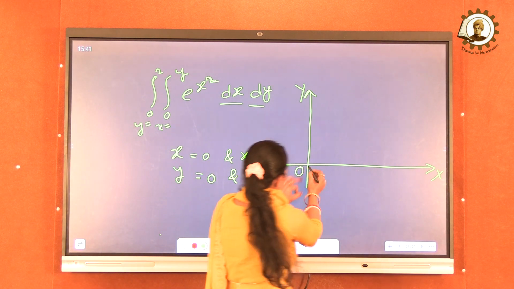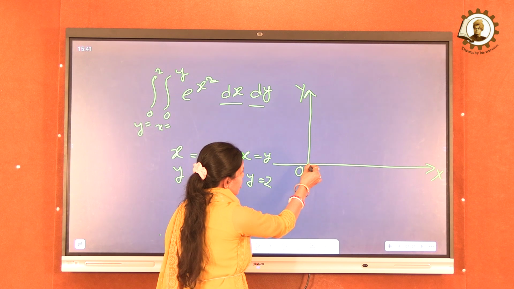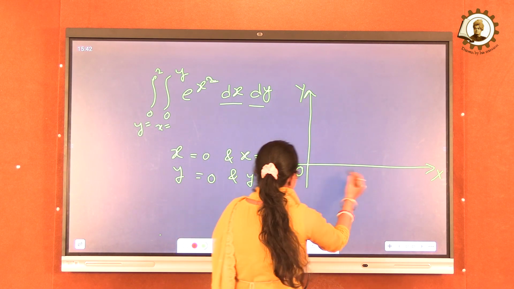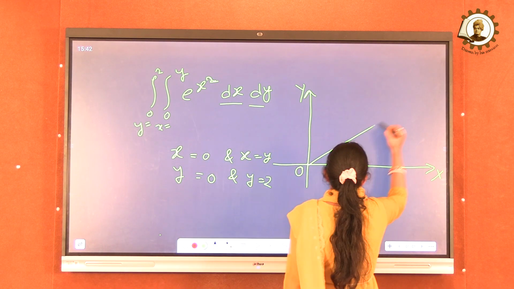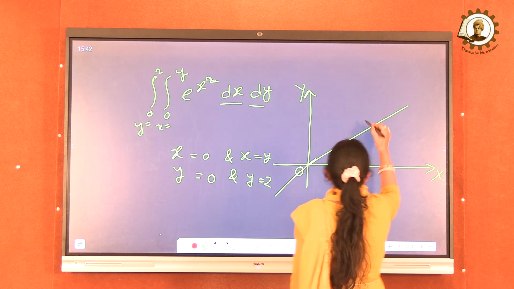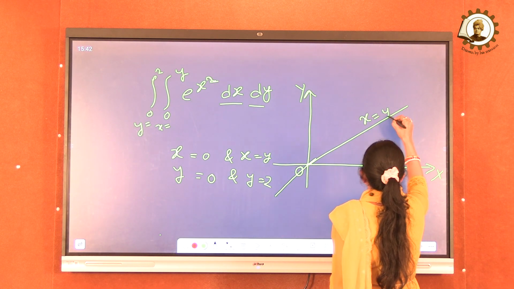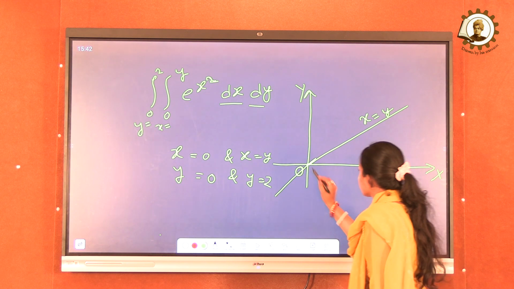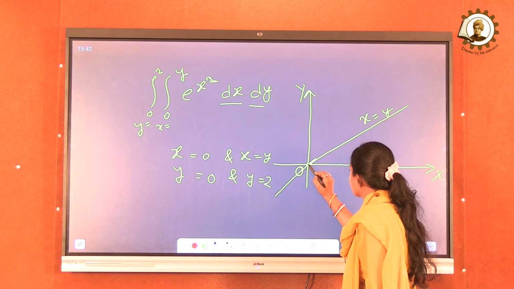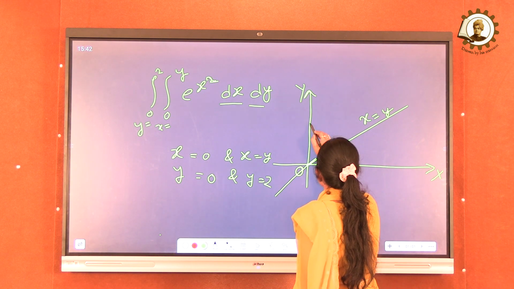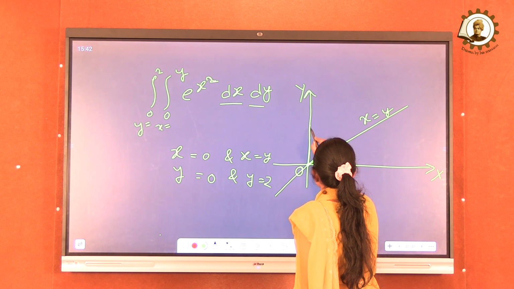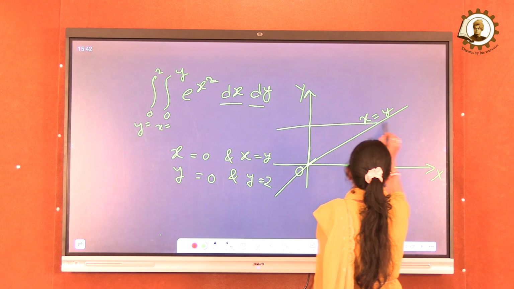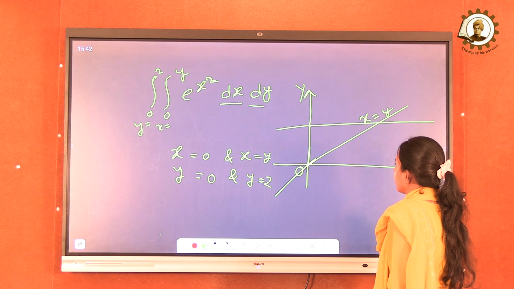X equals 0 is the boundary, and x equals y is the straight line. Y equals 0 is the boundary, and y equals 2 is the boundary, and here this is the straight line.